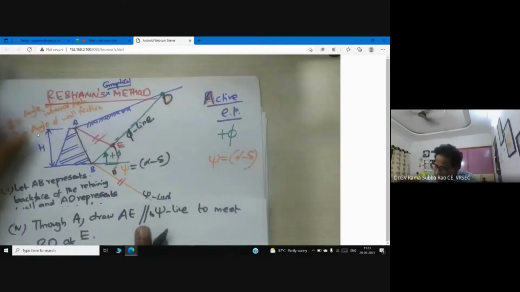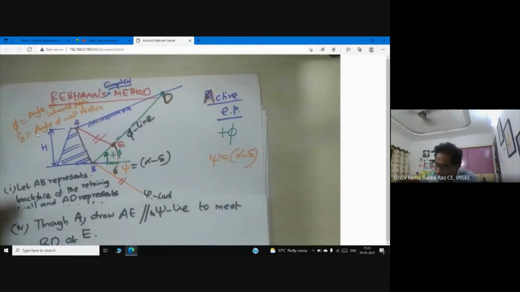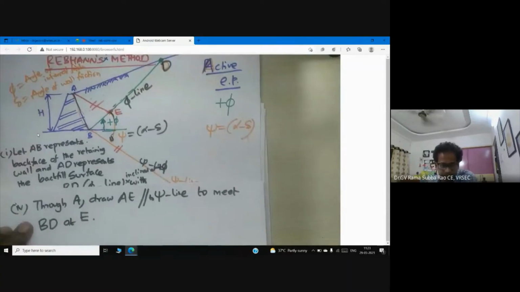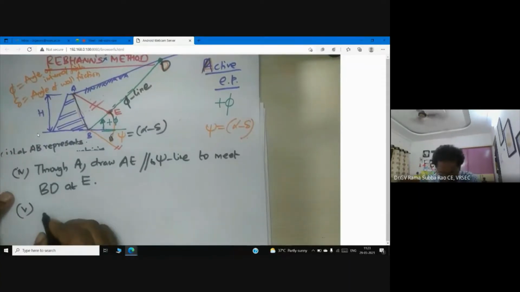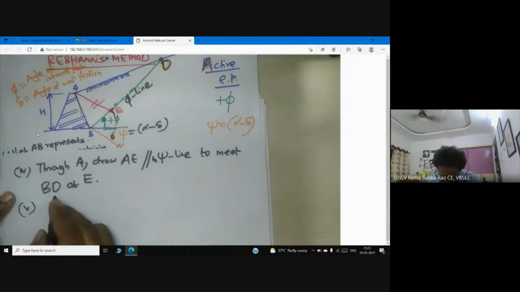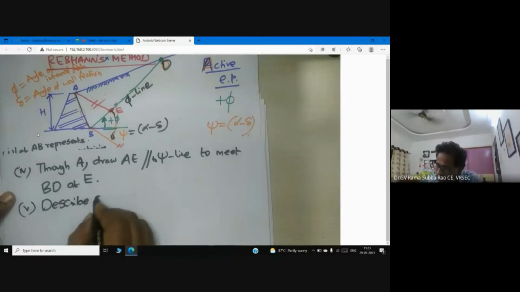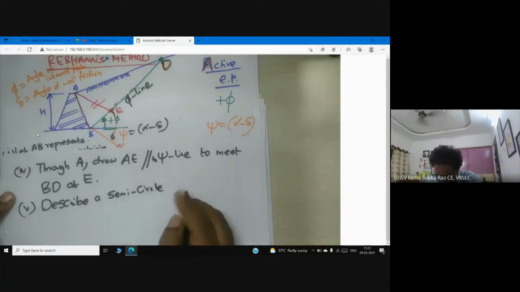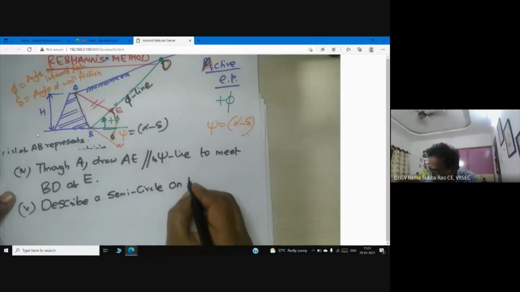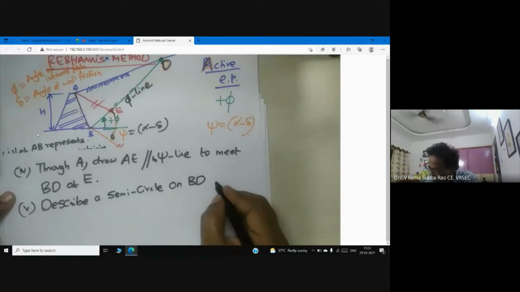Now next point. Describe a semicircle. Next point I am writing. I must ensure whether it is visible to you or not. Next point. Yes. Describe a semicircle on BD as diameter.